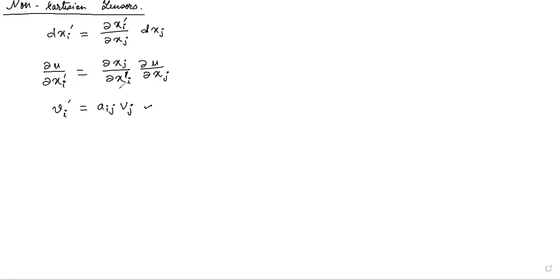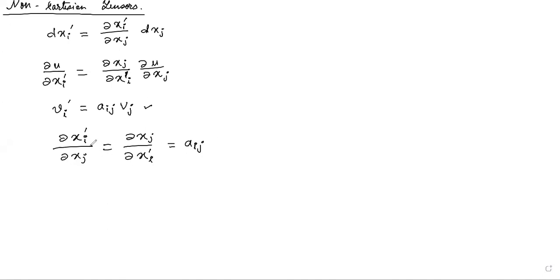So dou xi prime by dou xj is equal to dou xj by dou xi prime, and this is equal to aij for Cartesian vectors.